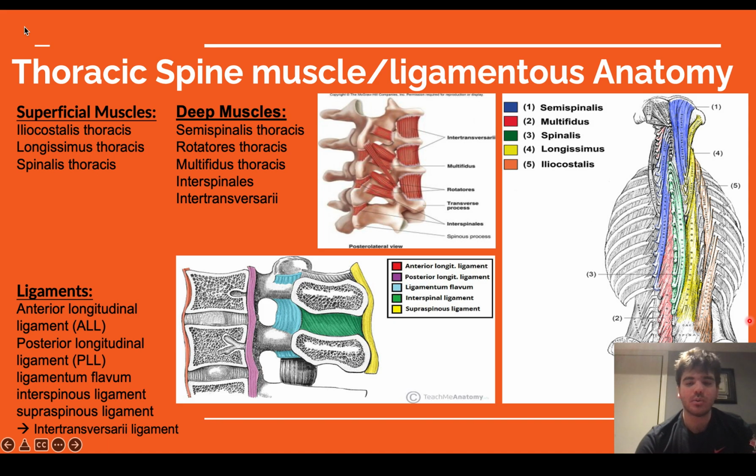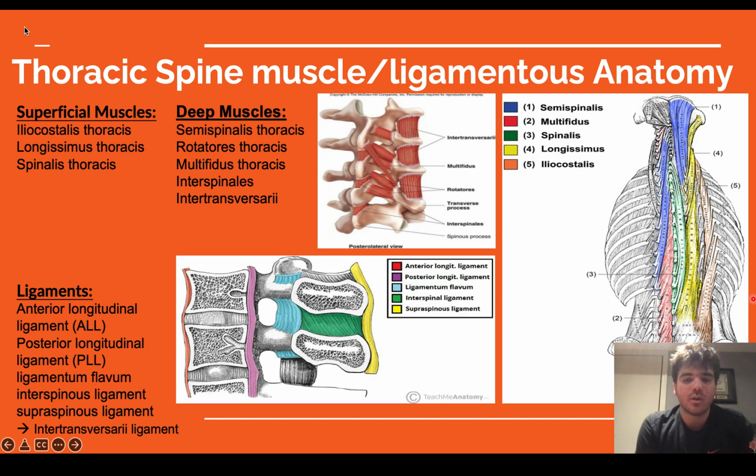And the next muscle we're going to talk about is moving over to the smaller picture here, right around there, is the rotatores thoracis muscles, and they originate from the transverse process of each thoracic vertebrae, which are T1 to T12, and it inserts at the spinous process of the vertebrae above each origin, and it helps extend the vertebral column.